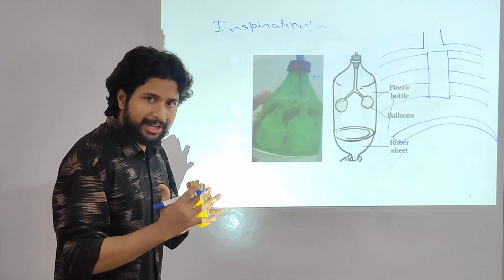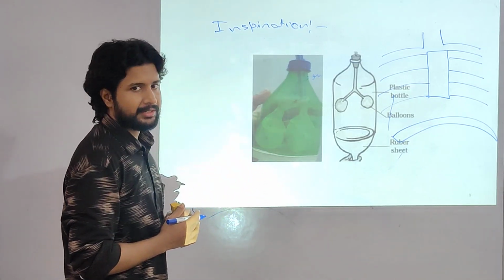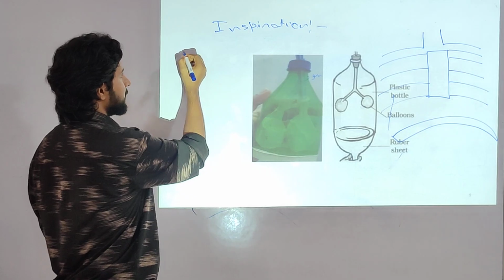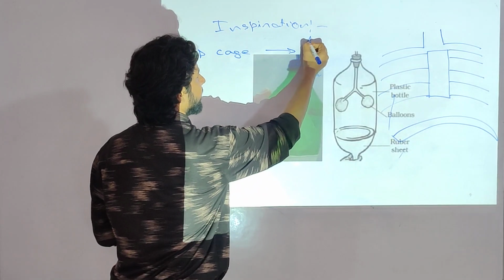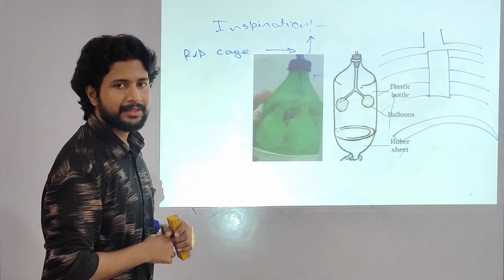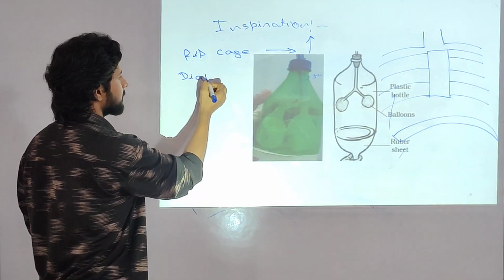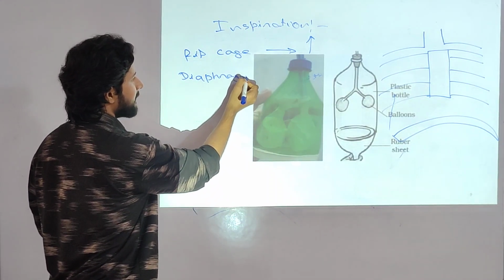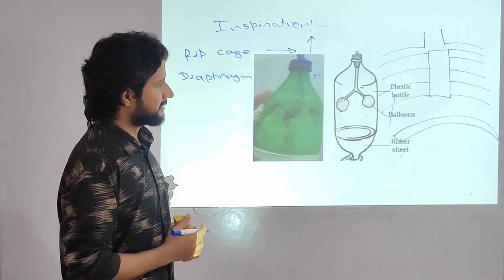Now let's understand what happens during inspiration. While inspiration, rib cage is pushed outward and upward. At the same time, diaphragm contracts and becomes nearly flat.